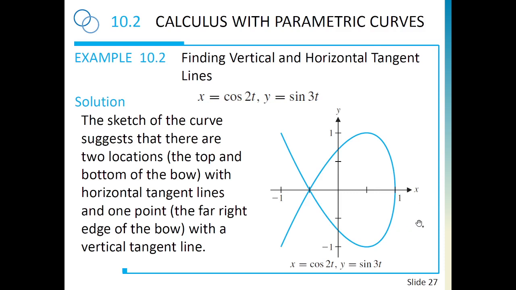In some questions you might be asked, if it's computable quite easily, the point of intersection. So that means you need to find 2 different values of time, or parameter t, for which x and y are the same. So x is the same at t1 and t2, and y is the same at t1 and t2. So basically you need to find 2 moments when you pass by the same point.